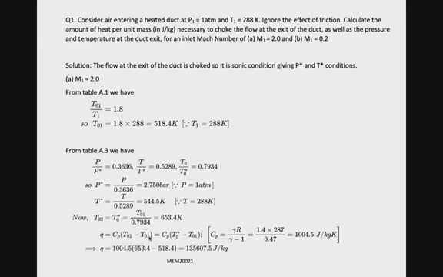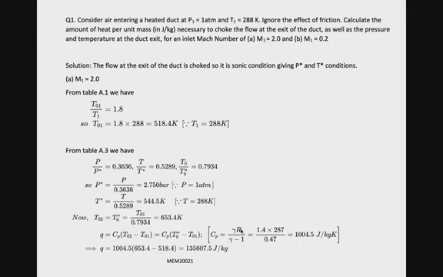Since air is considered a perfect gas, we get this formula for the amount of heat per unit mass, where stagnation temperature at point 2 is equal to stagnation temperature star reference, minus stagnation temperature at point 1.